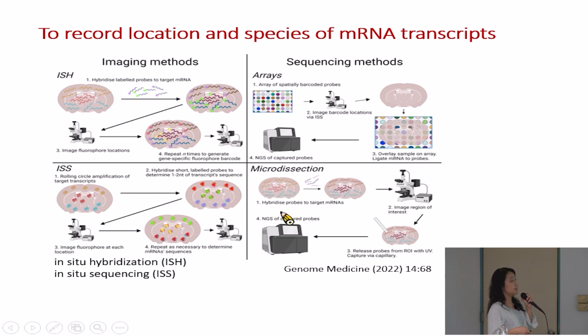The second one is to use the microdissection assay. We can hybridize the probe to the target messenger RNA, then image the specific region of interest in this tissue location. Then we can release the probe from the ROI with UV and capture via capillary. Then we can do NGS sequencing of the captured probe. Through this method, we can understand the location and the specific messenger RNA expression.